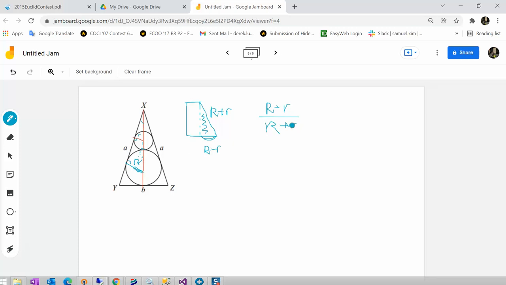So if it's similar, you can set them equal. This one is similar to that one, right? So we have this is R plus r, similar to A, and this similar to half B. Actually, if this is alpha, this is all sine alpha.